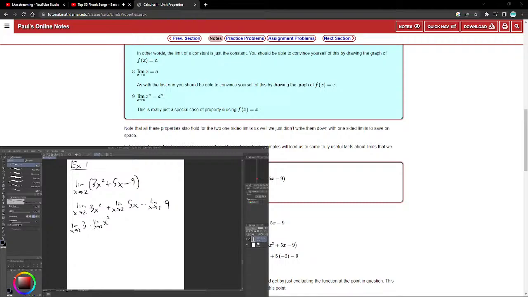The limit of x squared plus the limit as x approaches 2 of 5 times x, I'll put these in parentheses, minus, this is just 9.